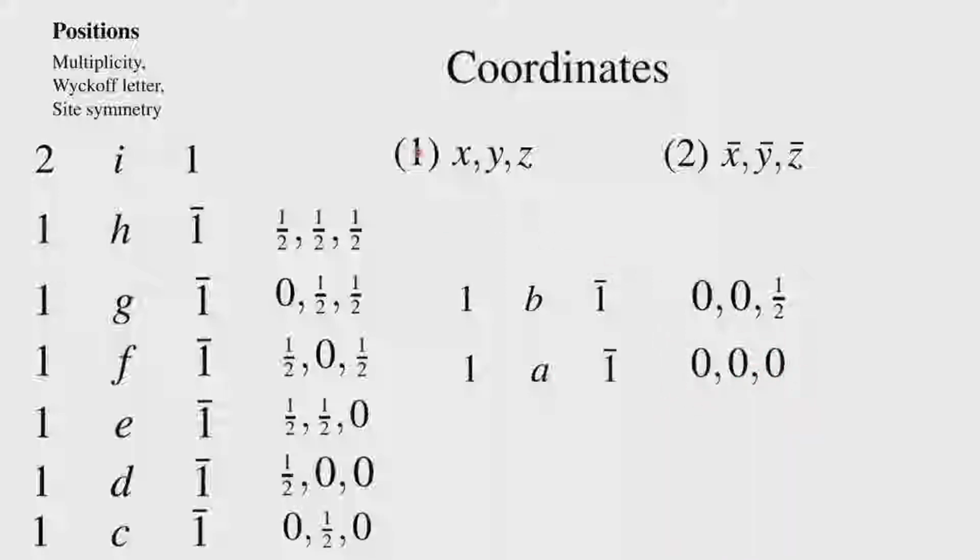Now, if we operate these 2 equivalent point operations, it gives back the same 0, 0, 0, and therefore the multiplicity associated with this site is 1, and the symmetry of course that is associated is 1 bar. So, this gets the letter a, the first letter of the English alphabet, and this is what was designed by Wyckoff, to give us a clear understanding of where the atoms are located, in what way they generate equivalent points and so on.